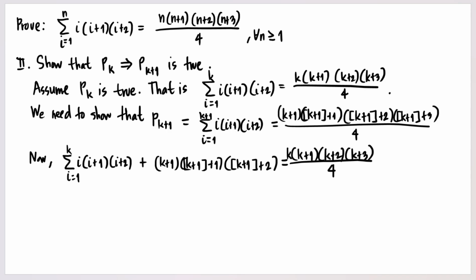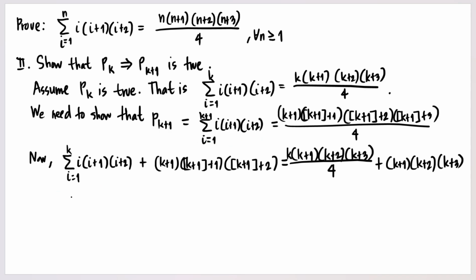But since we added this to the left-hand side, we have to add it to the right-hand side as well. We could just write this as k plus 1 times k plus 2 times k plus 3. There we go. And so this would become simplified to this.